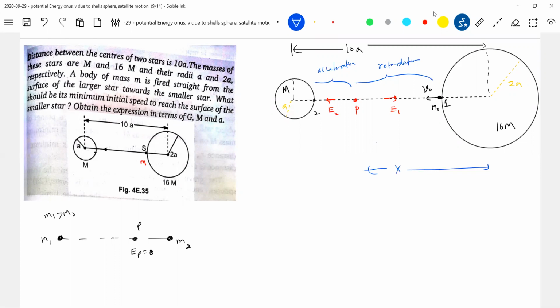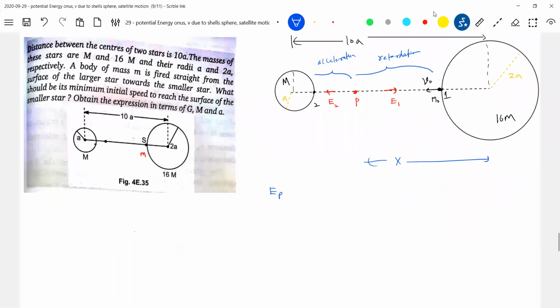So what is the net field at point P? It must be 0. It's a rough calculation; we'll do it here. It should be 0, so we write: minus G times 16m by x squared, plus, taking towards the right as positive, this one will be negative: minus GM by (10a minus x) whole squared.